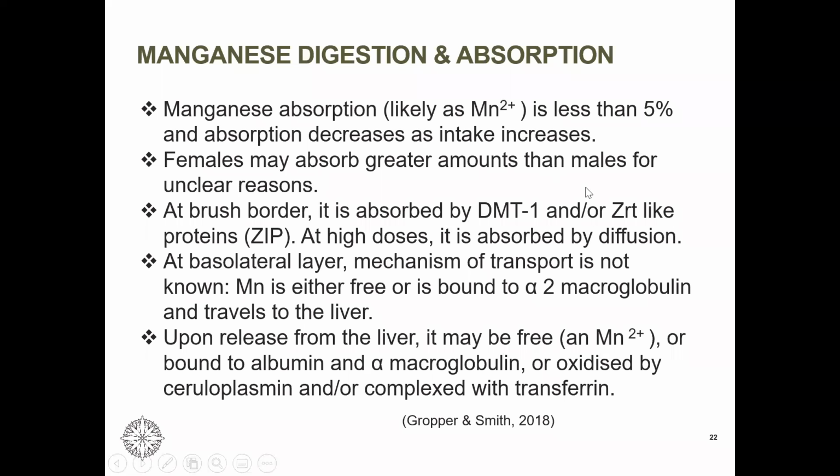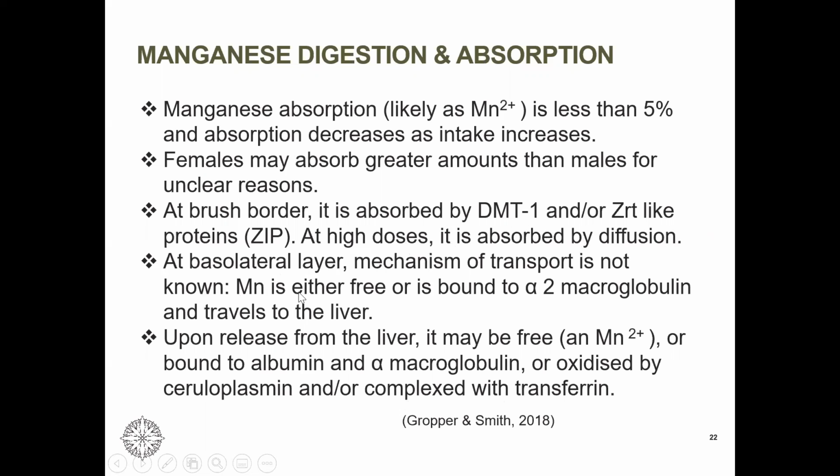Though we are still understanding, they are saying even the zinc transporter, the ZRT-like protein, which is mainly a zinc transporter, can also take manganese inside the enterocyte at the brush border. But at high doses, simple diffusion can also enable manganese to come inside the enterocytes.